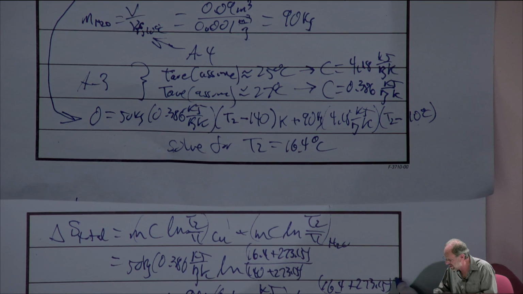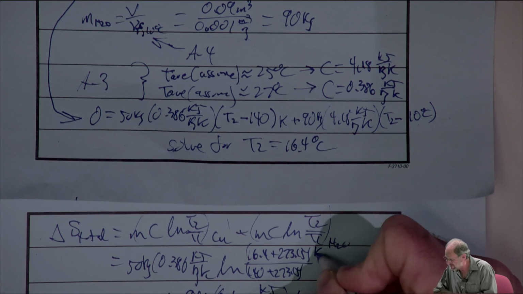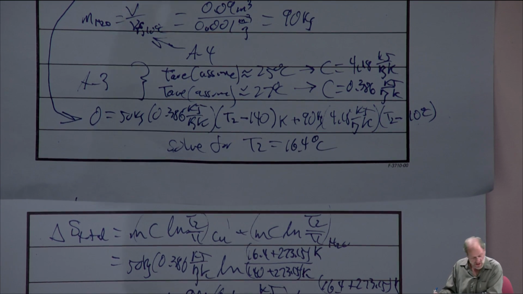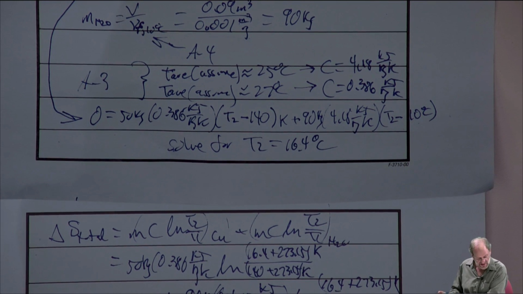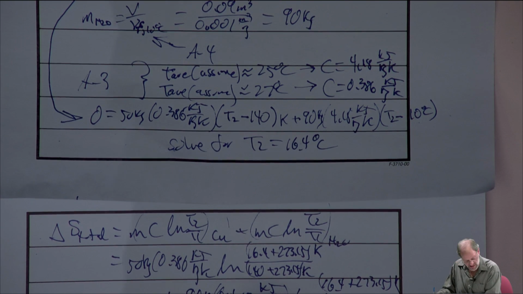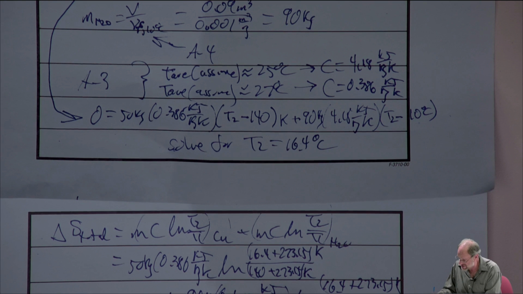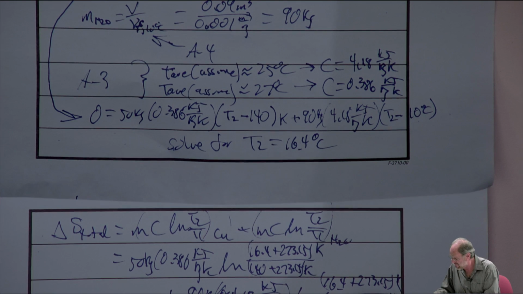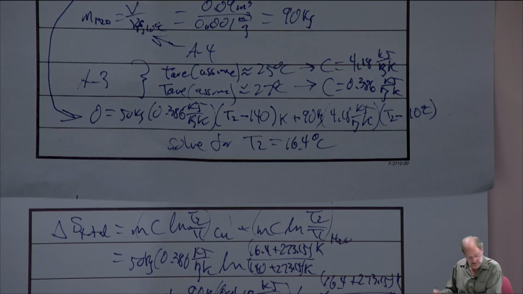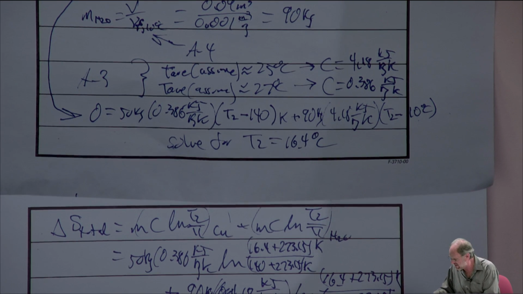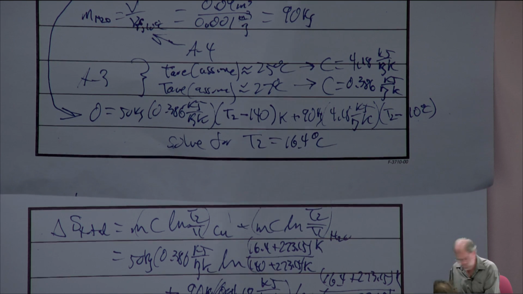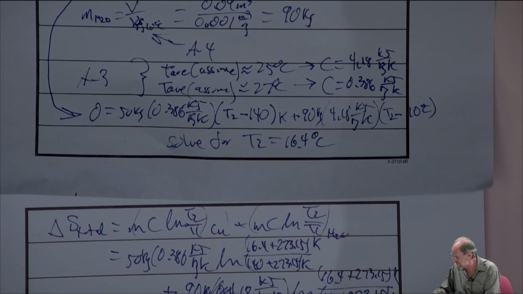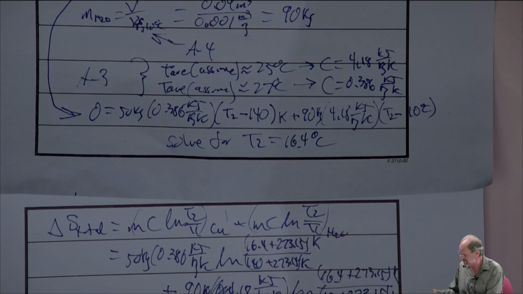So we definitely have to convert temperatures into Kelvins. All right, so we go through a little bit of mathematics, and we end up with minus 6.864 plus 8.388. Those are the two results for the copper and the water, respectively. And then we add them together. We get a positive value of 1.52 kilojoules per Kelvin.